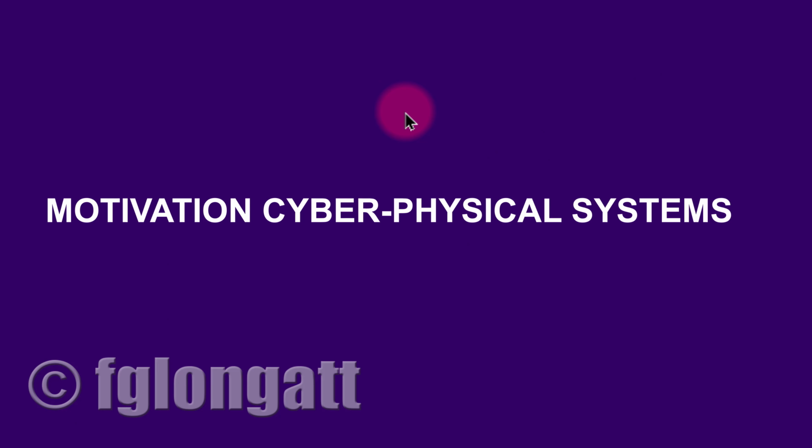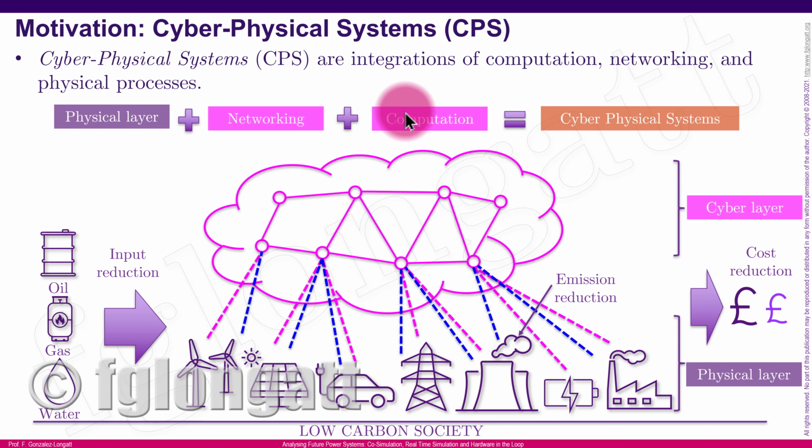Well, electrical power systems, as I said before, are becoming more and more complex, coming from the integration of many technologies. These technologies include the physical layer, like generators, PV systems, electric vehicles, and so on.